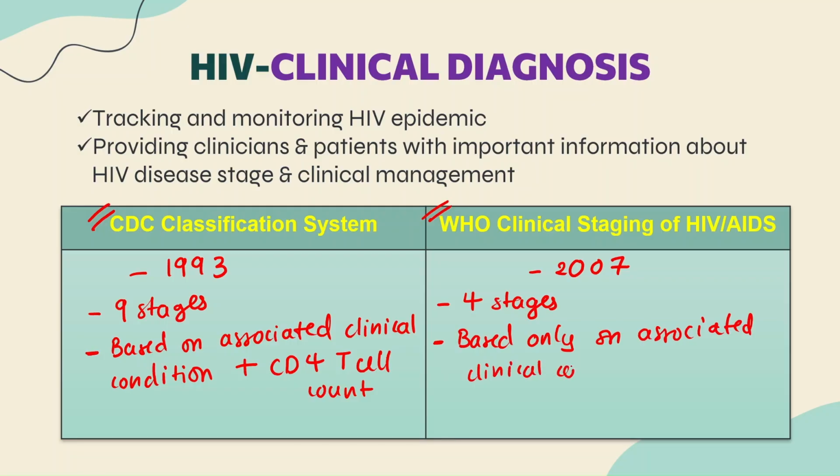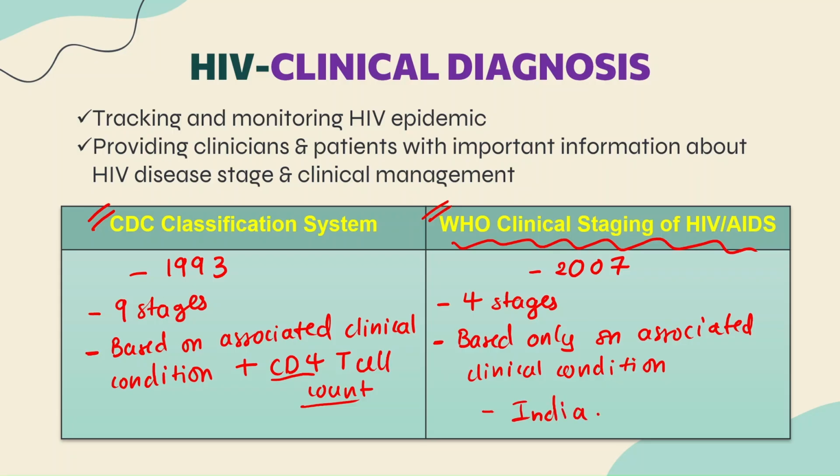Over here, we are not involving the CD4 T cell count. So in resource poor countries, including India, where the facilities for estimating the CD4 T cell count are not available, in those situations WHO's clinical staging comes very handy, guys, for doing the clinical diagnosis of HIV or AIDS. So the WHO clinical staging of HIV and AIDS is what we follow in India.